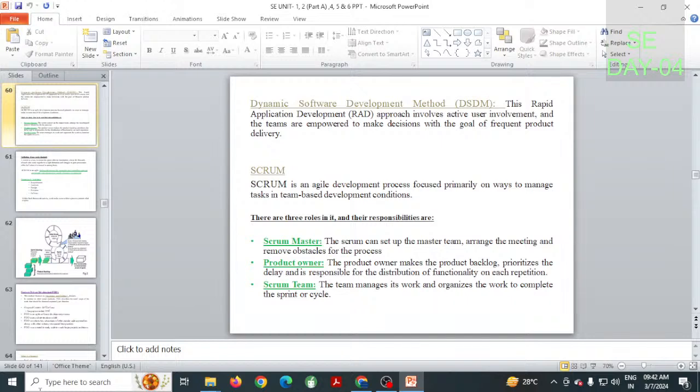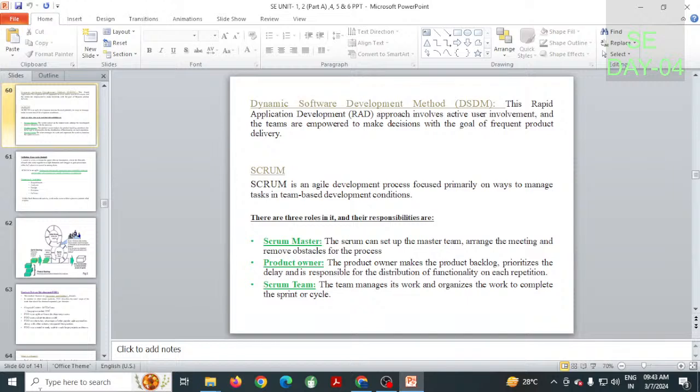This is a rapid application development approach, involving active user involvement, where the teams are empowered to make decisions with the goal of frequent product delivery.